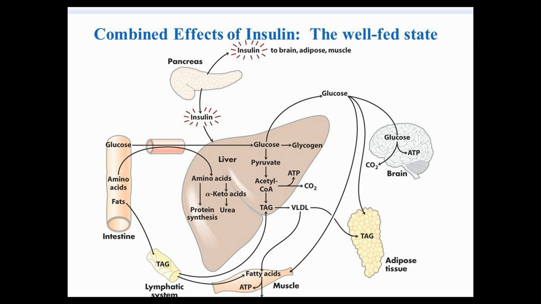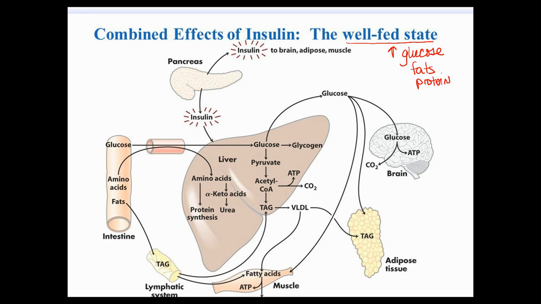All right. So these next couple slides, there's only a few left in our class, but they're really important ones. It's kind of pulling together all of this. So we have a well-fed state. That means that we have a high amount of blood glucose. We've just eaten glucose, fats, proteins in a well-balanced meal.